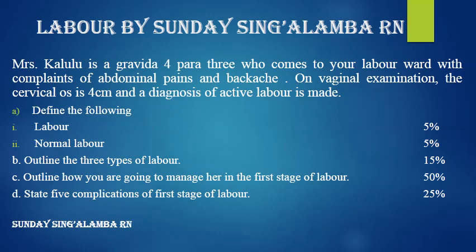The other term is normal labor. How do we define normal labor? Normal labor is a form of labor that starts spontaneously at term, in which the fetus presents in vertex. It lasts not more than 18 hours in a primigravida and has no complications to both the baby and the mother.